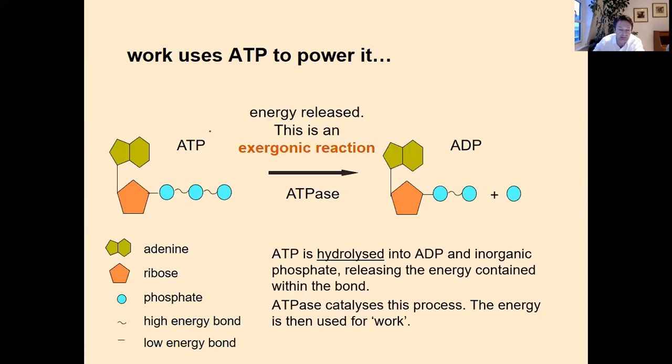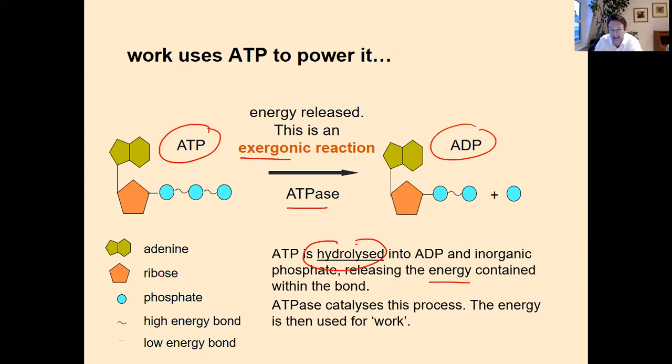So when we go from ATP to ADP, this is an exergonic reaction, gonic means energy, requiring ATPase. This is very different from ATP synthase. We're hydrolyzing the ATP into ADP, and we release the energy contained within the bond.